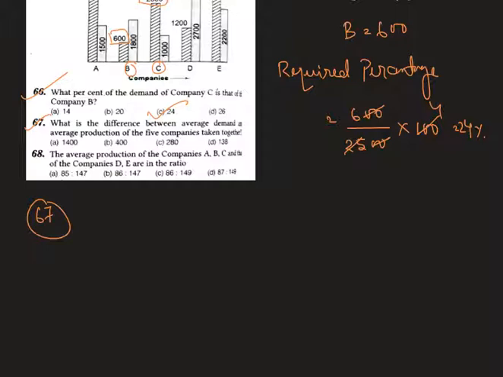What is the difference between average demand and average production of the 5 companies taken together?